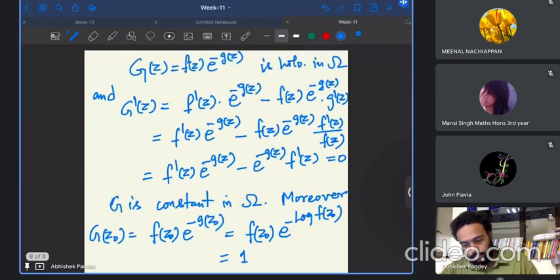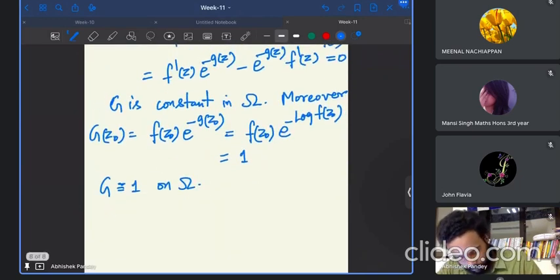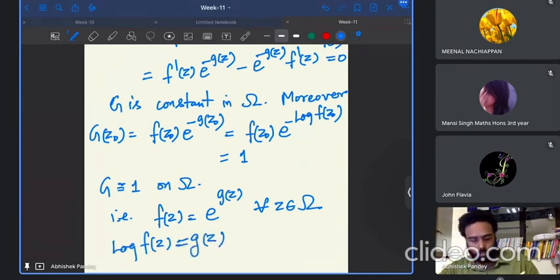Now if G is 1, then f z equals e to the power g z for all z belonging to omega, which means g is a branch of log f.